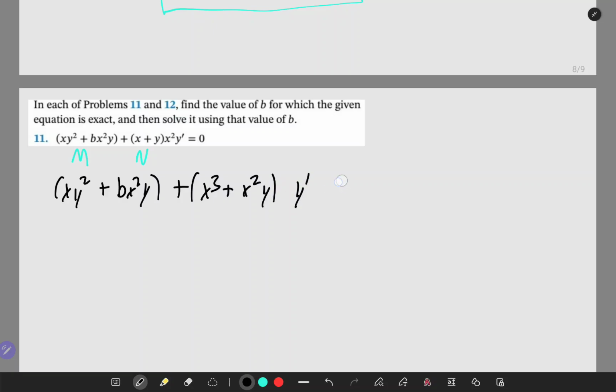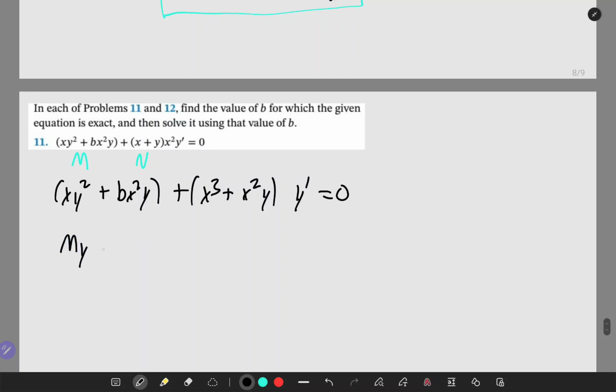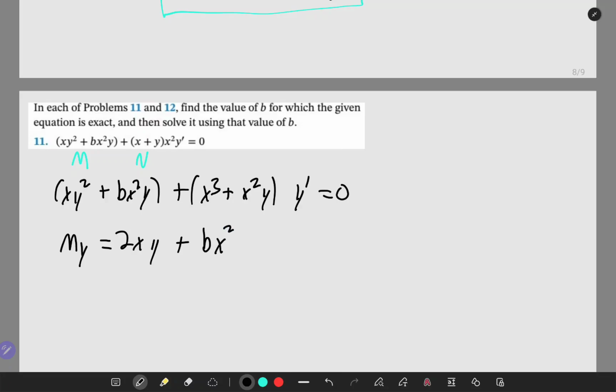So let's now find our M sub y. M sub y would be 2xy plus bx squared, and N sub x would be 3x squared plus 2xy.